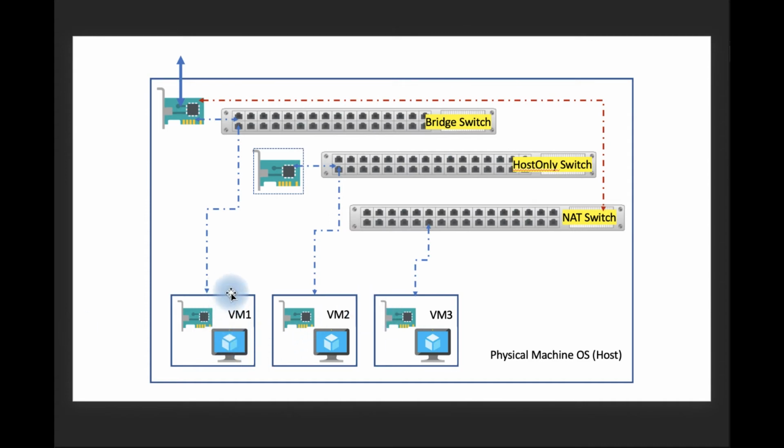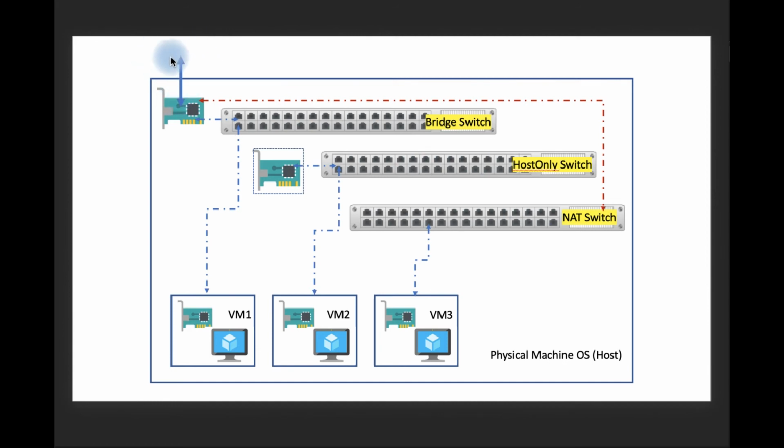When you create a VM, you can attach the network card, or the virtual NIC, to the bridge switch. What will happen here is if you have a network with an IP address range of 172 series, then you can assign a free IP address within the 172 range to this VM, and this VM will be able to reach outside of this host.